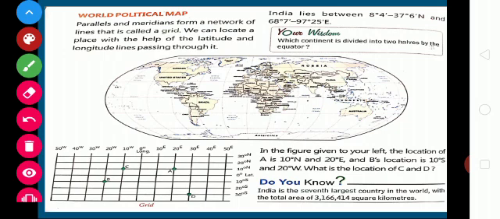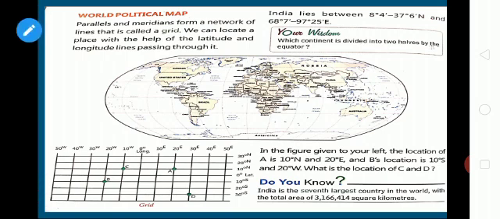Latitudes are parallel east to west circles, and the equator, 0 degree, is the longest circle. 90 degree north latitude at the North Pole and 90 degree south latitude at the South Pole are just points. Meridians are imaginary semicircle lines meeting at both poles.